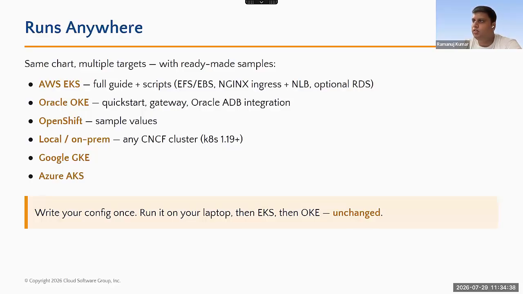So AWS, Oracle OKE, OpenShift, and local on-prem like Rancher or Docker Desktop. Of course, Google GKE and Azure AKS. So all are supported platforms, all Kubernetes, and of course we also support Docker Compose, and now we have also added support for ECS, Elastic Container Service from AWS.